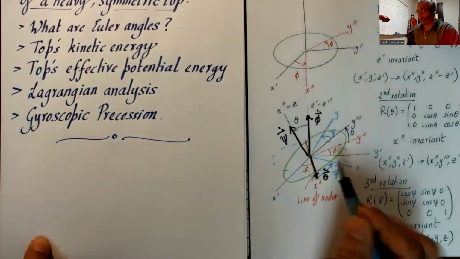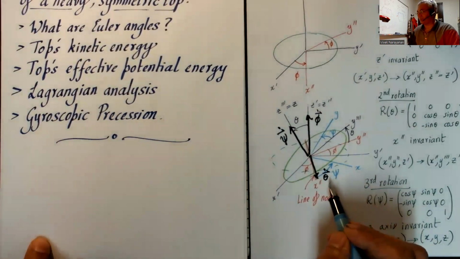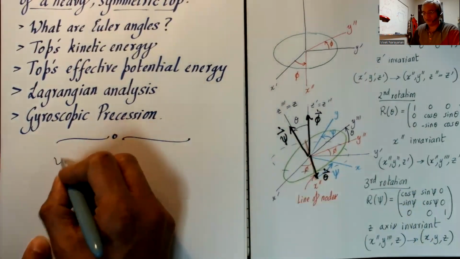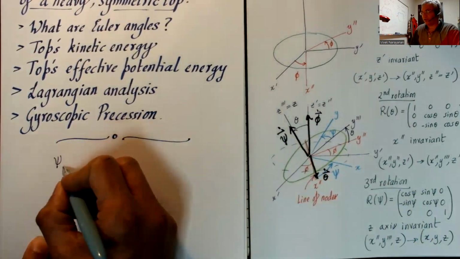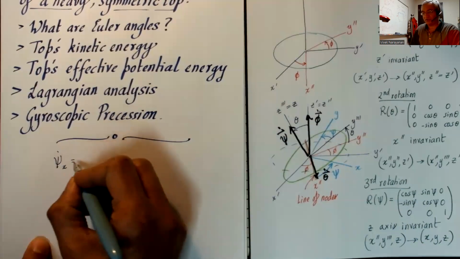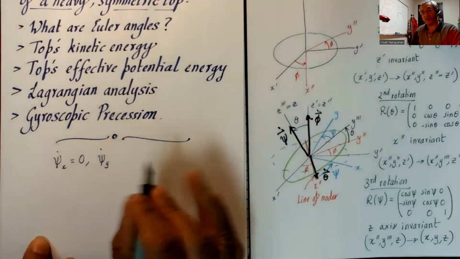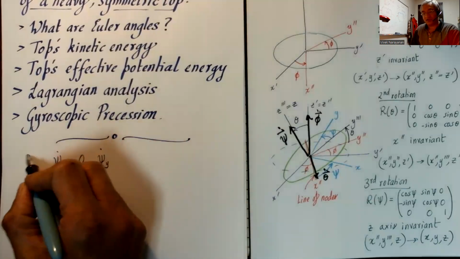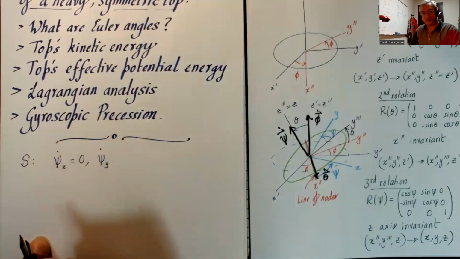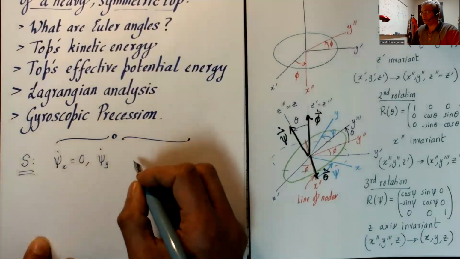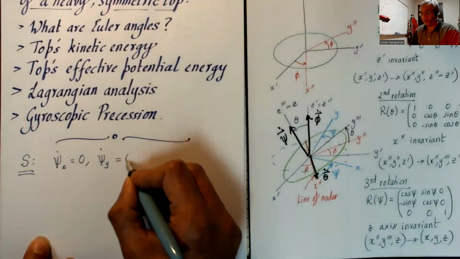The easiest one is psi, because psi has just got a z component. So let's do the easy one first. So I get psi x dot equal to 0, psi y dot. These are angular velocities in the non-inertial frame S. In the non-inertial frame, how do the angular velocities of the gyroscope or the top look?